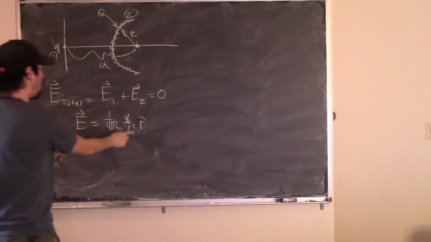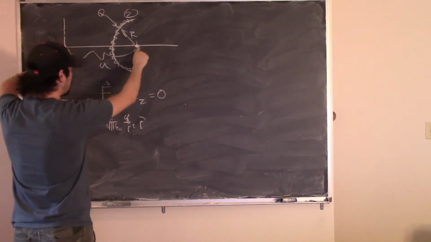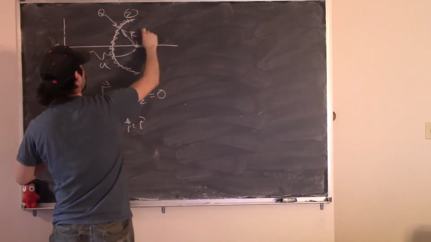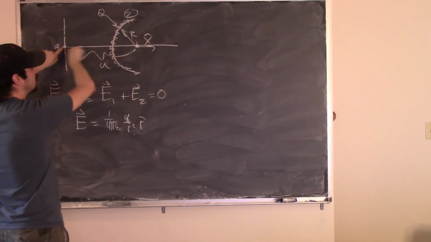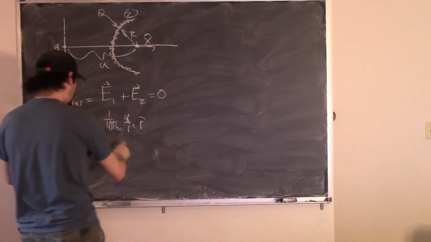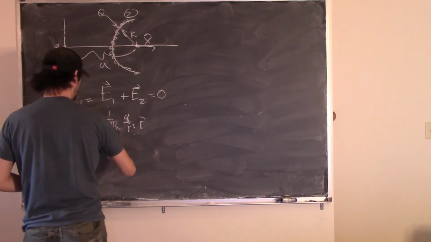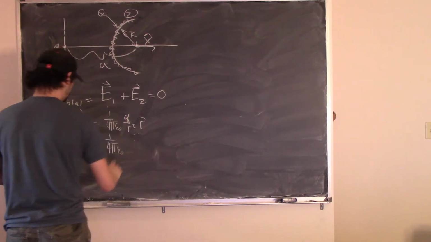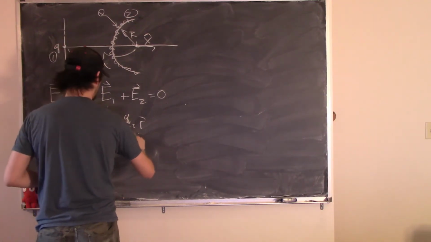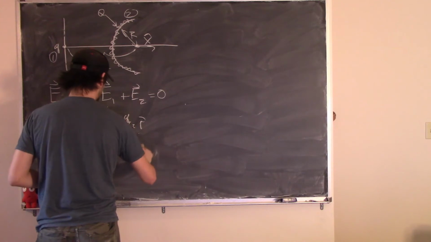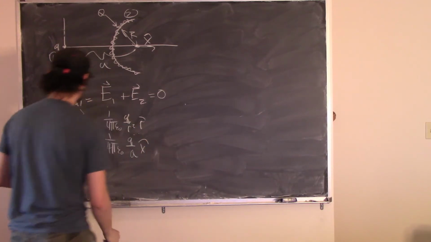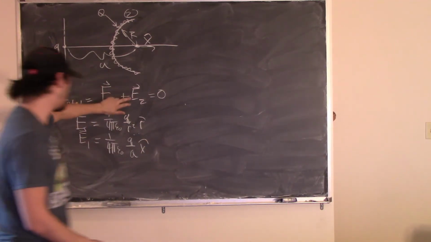In this case, r is just going to be this distance a. R hat is going to be x hat because that's the unit vector that points from here to here. And so E1 is going to be equal to 1 over 4 pi epsilon naught times q divided by a squared times x hat. Okay, so that's E1. Let's talk about how we can find E2.